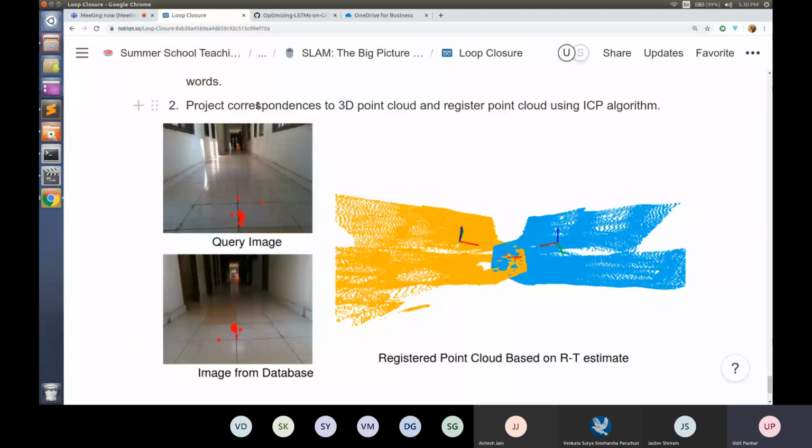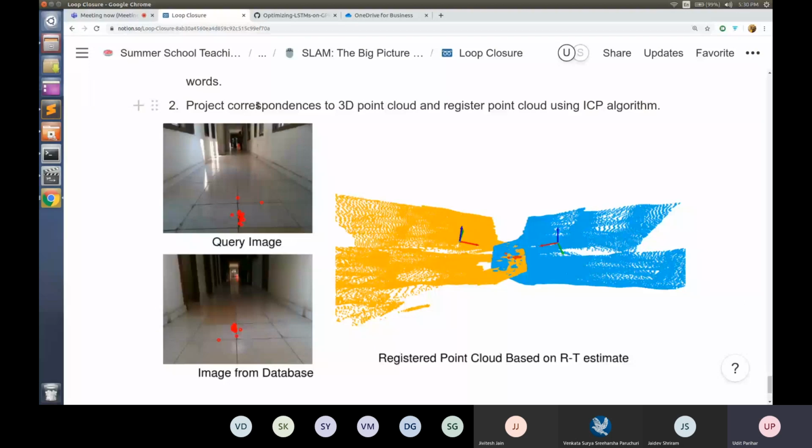So if your front end is giving wrong image pairs, your back end can still design the cost function such that it rejects the wrong outliers proposed by your front end. That is from the back end point of view, and now the front end.